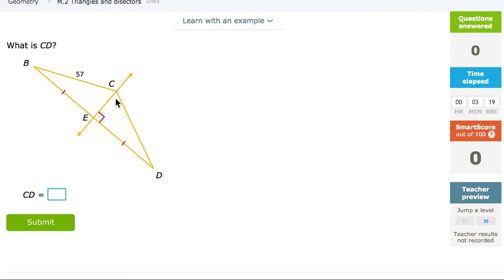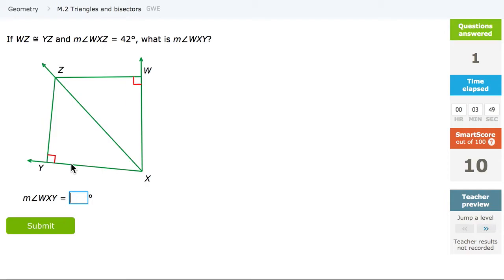Perpendicular in this case means this line forms four 90-degree angles with this line segment. When that is true, not only will these two segments be congruent, these segments here will also be congruent. That is segment BC and CD. So if BC is 57, CD also has to be 57. We'll practice both the perpendicular bisector theorem, as we just did, and the angle bisector theorem.